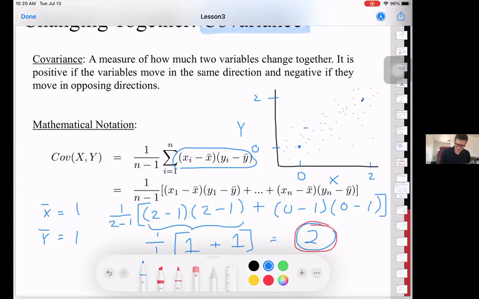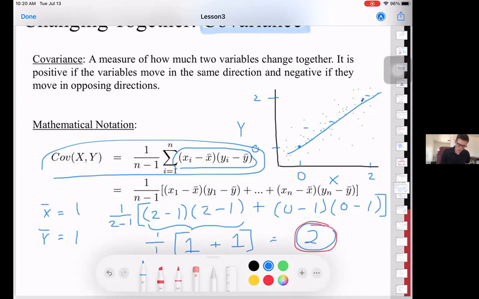And if you did this formula for all of these points, you would still get a positive number, because when a point is higher than its average in X, it tends to be higher than its average in Y.